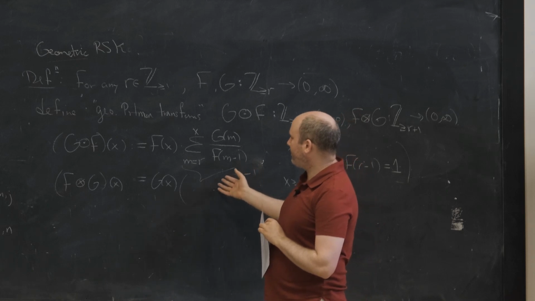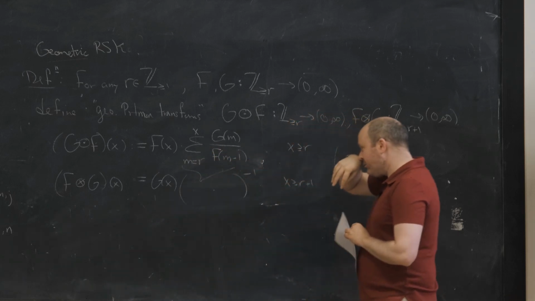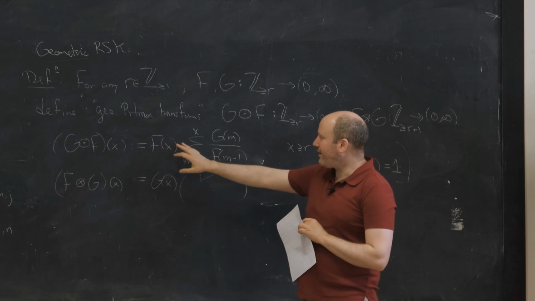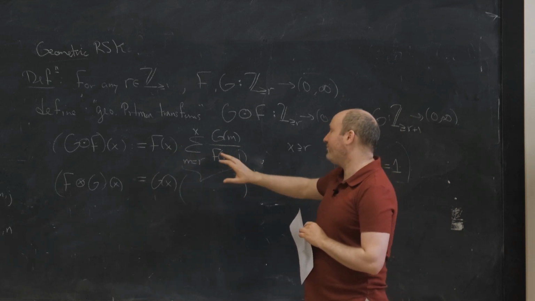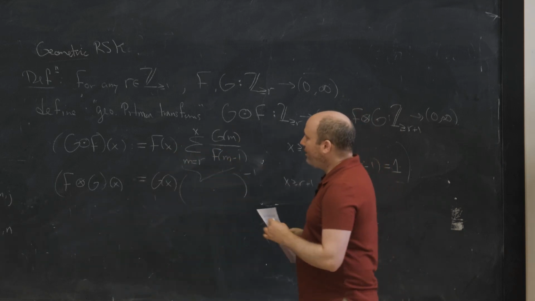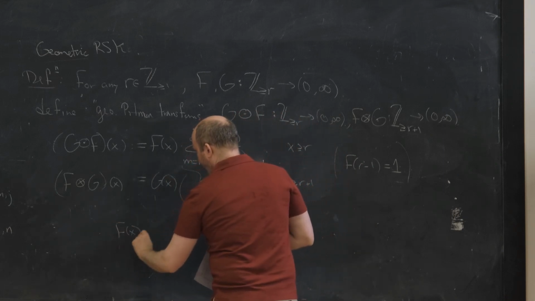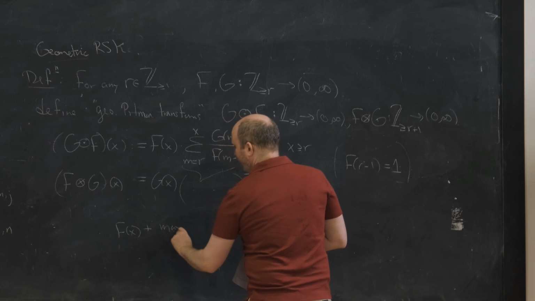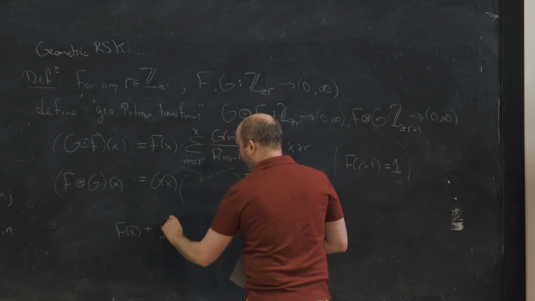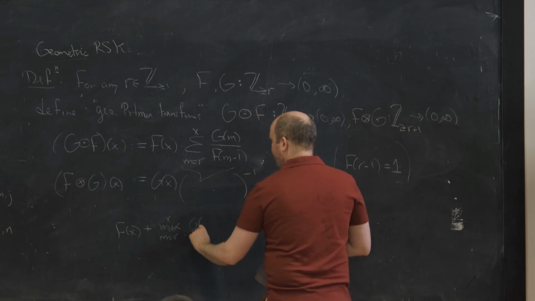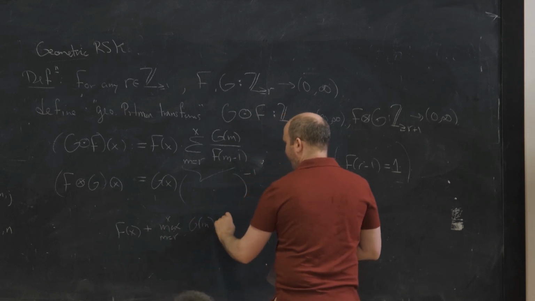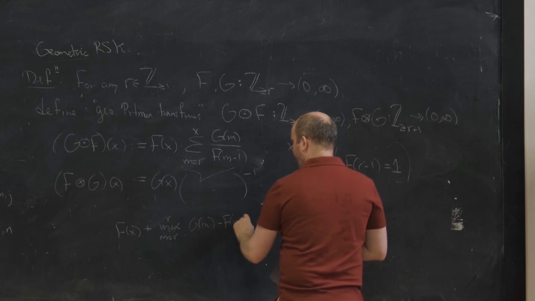So how should you think about these things? First of all, if I replace max by plus, or go the other way around, what these things become is something like f of x plus the running maximum, for m from r to x, of g of m minus f of m minus 1.